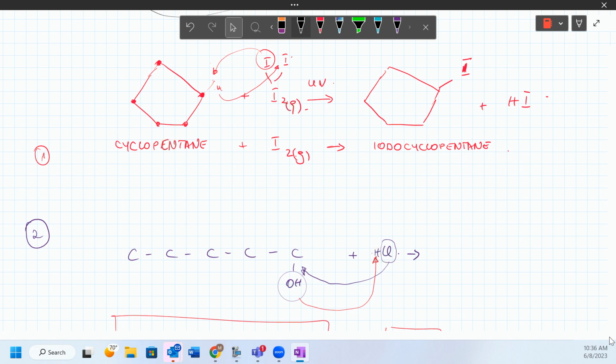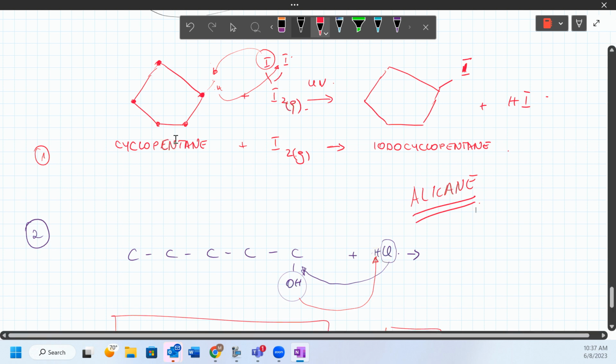Keep in mind that in substitution, this is for chemistry 30, just alkanes, so just single bonded aliphatics. So the first and the second type are forming organic halide, and the third one is forming the alcohol. Okay, makes sense?